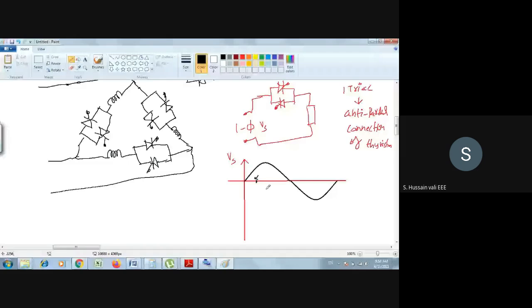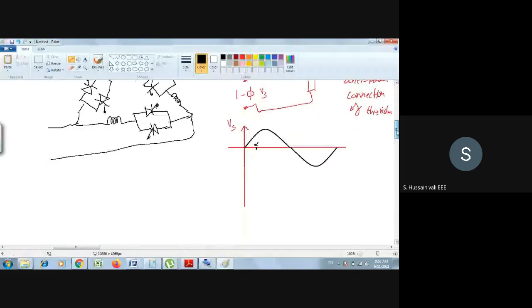So what do you find out here, the waveform? The waveform now will be like this. So here is your alpha. Here you have another alpha equals 180, that is for the other half.